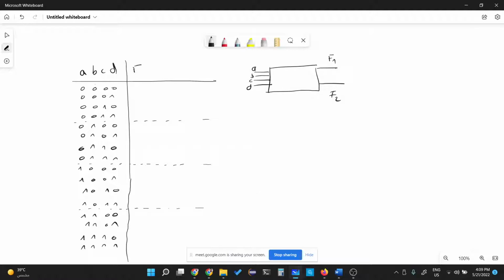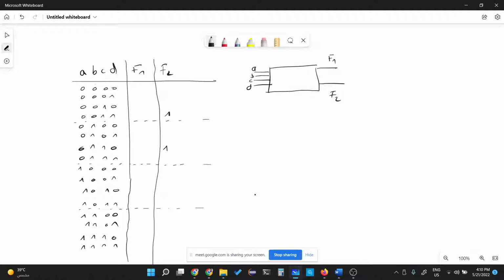Here we have F1 and then here we have F2. The second function is 1 when the input is a multiple of 3. If the number is equal to 3 times 1, that is 3, so this is 1. Or 6, 2 times 3 is 6, so this is 1.